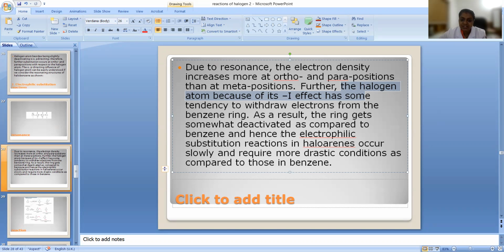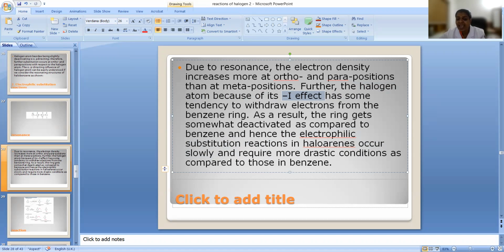Because of that reason, the electrophilic substitution reaction in arenes occurs slowly. That is very important. Why is the electrophilic substitution reaction occurring very slowly here? Because there is a minus I effect for the halogen atom. It has a tendency to withdraw electrons towards it, attract electrons towards it.